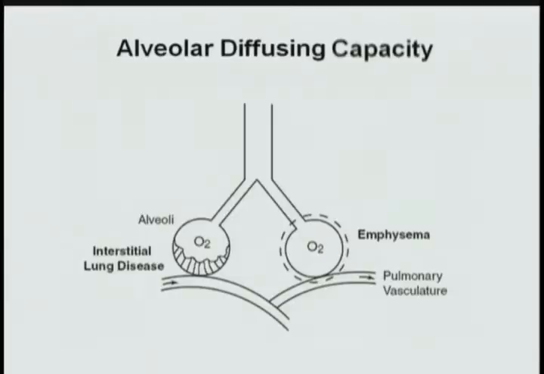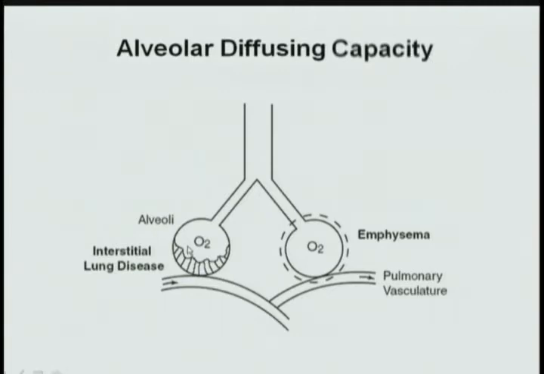I wouldn't know that unless I did the DLCO, because the pulmonary function tests in both of these, whether I'm talking about asbestosis or somebody with myasthenia gravis, would be exactly the same. But then I look at my DLCO here, and what do I find? I find that my DLCO is decreased. That's consistent with intrapulmonary restriction.